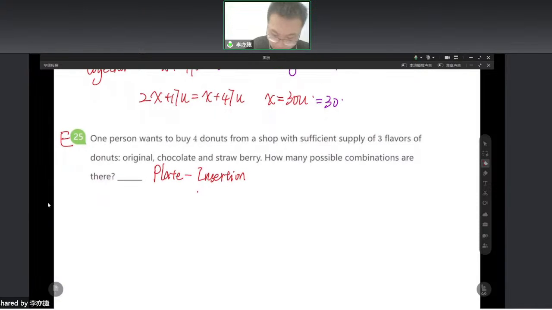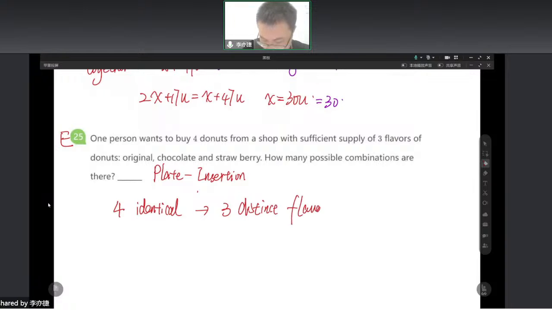So this is another plate insertion. We want to distribute 4 identical donuts into 3 distinct flavors, and each flavor can be 0.